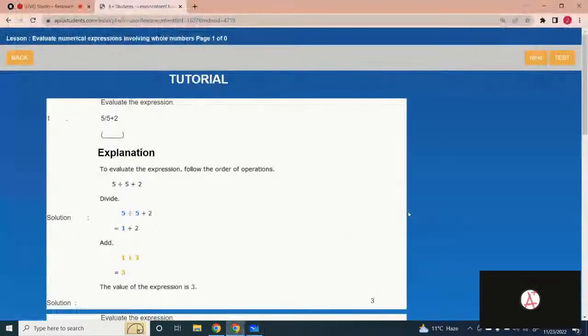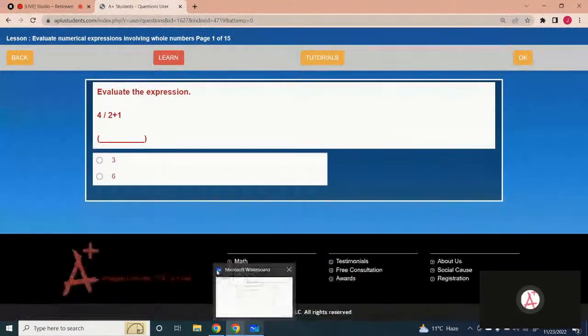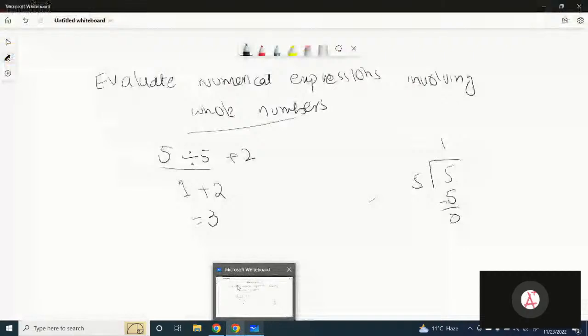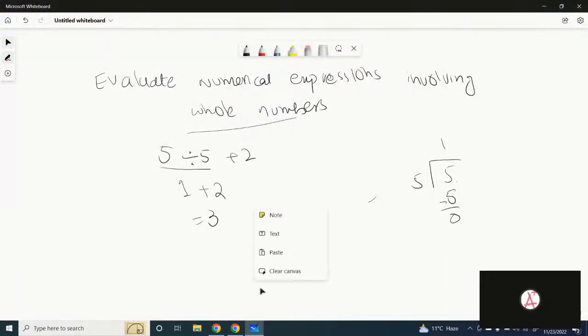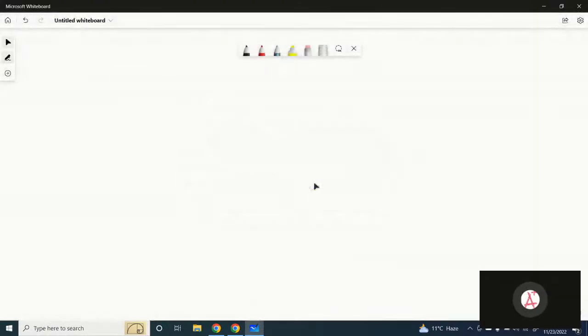Okay, let's just start with the test questions. The first question is 4 divided by 2 plus 1. First of all, you have to do division. Got it? Because division has the higher priority.